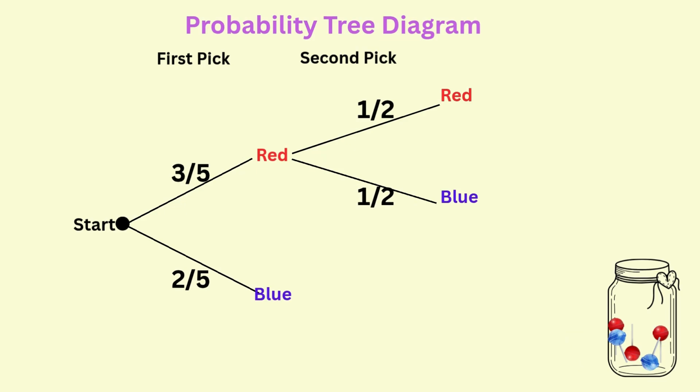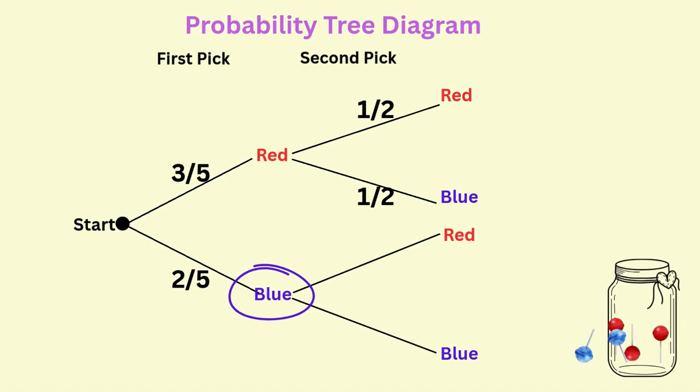Now let's look at the scenario where the first sweet drawn was blue. The bottom branch here is the scenario where the first sweet drawn was blue. The jar would still contain sweets with 2 different colors, so we still have 2 possible outcomes in the second pick, represented by the branches red and blue.